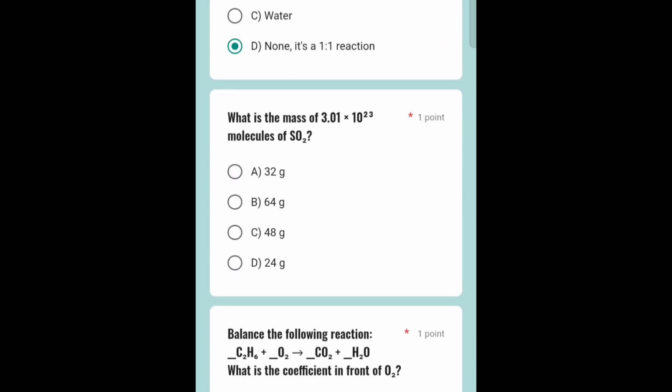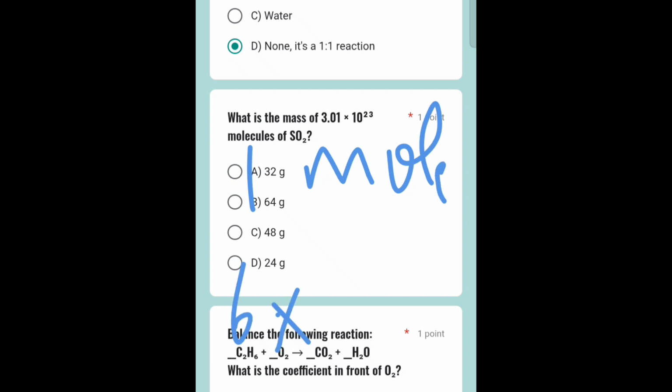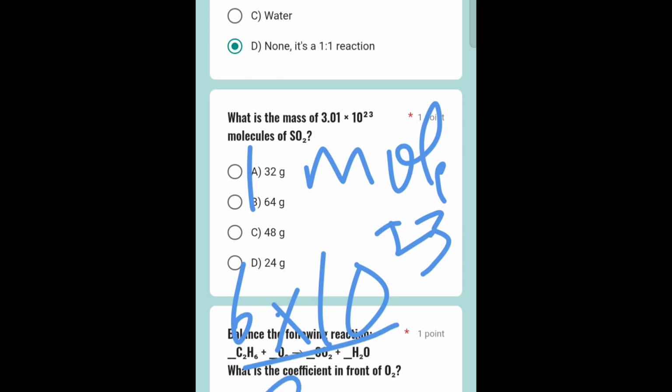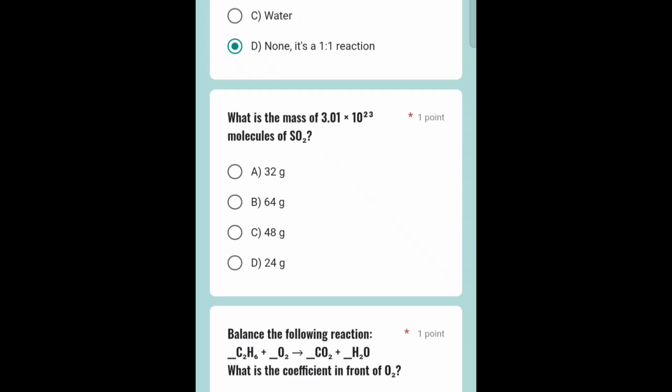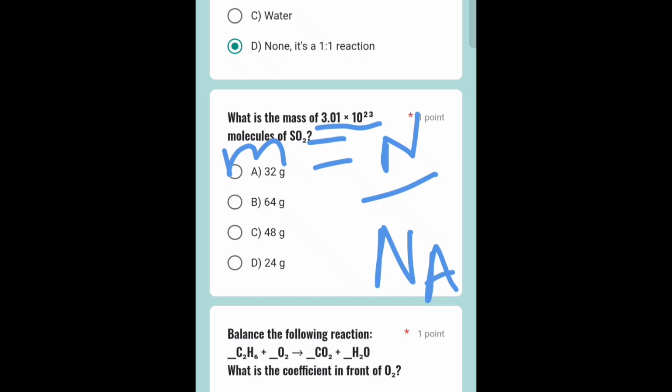What is the mass of 3.01 multiplied by 10 raised to power 23 molecules of SO2? 1 mole contains 6 multiplied by 10 raised to power 23 molecules, so this is half. How will we find moles? Moles equals the given molecules on top divided by NA, the Avogadro number, that is 6 into 10 raised to power 23.